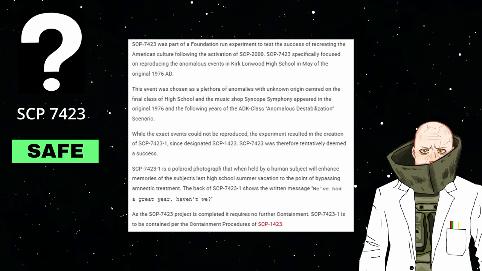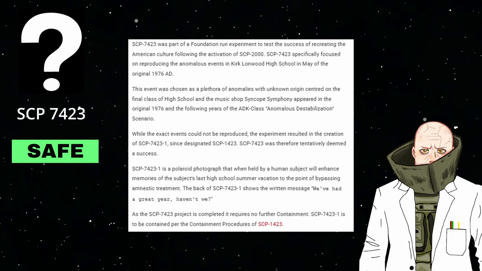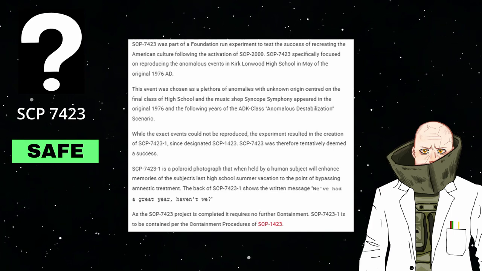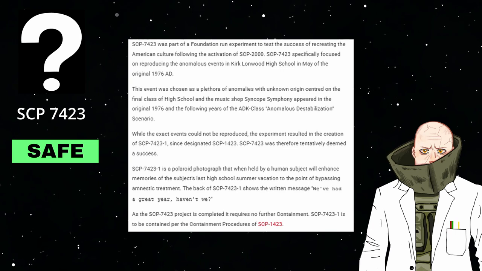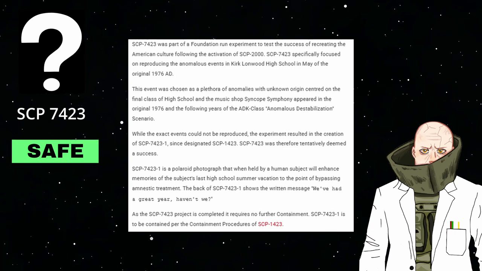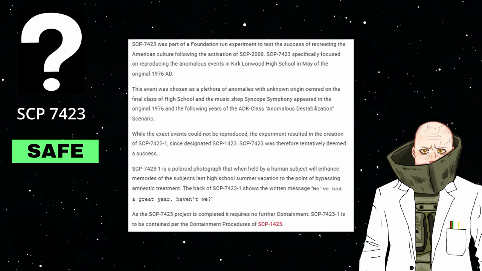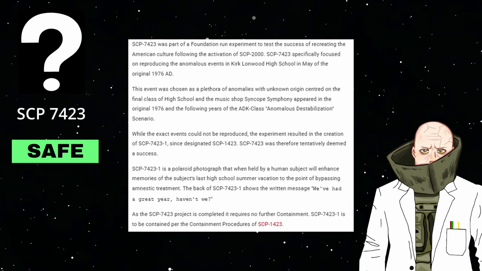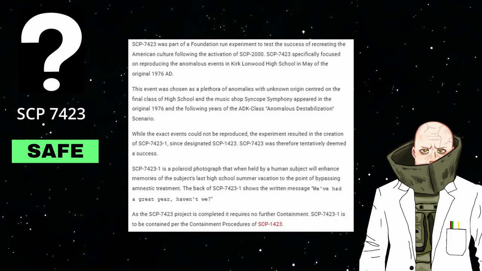SCP-7423 was part of a Foundation-run experiment to test the success of recreating American culture following the activation of SCP-2000. 7423 specifically focused on reproducing the anomalous events in Kirk Longwood High School in May of the original 1976 AD.